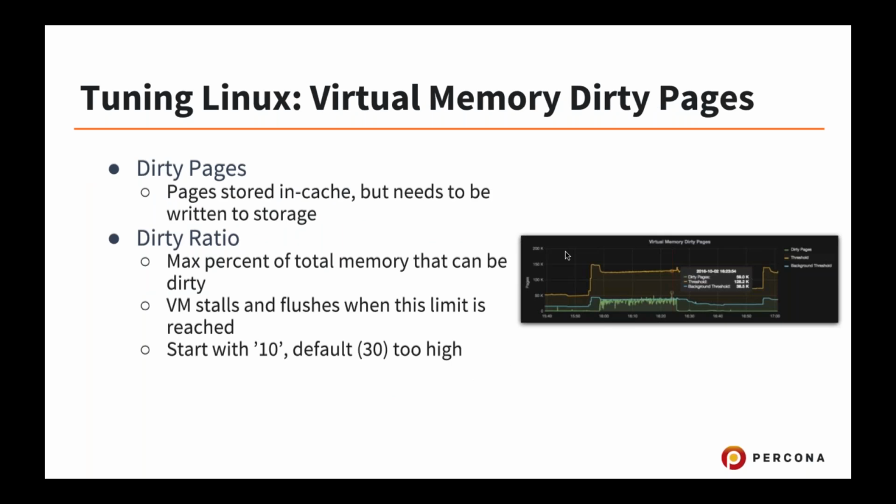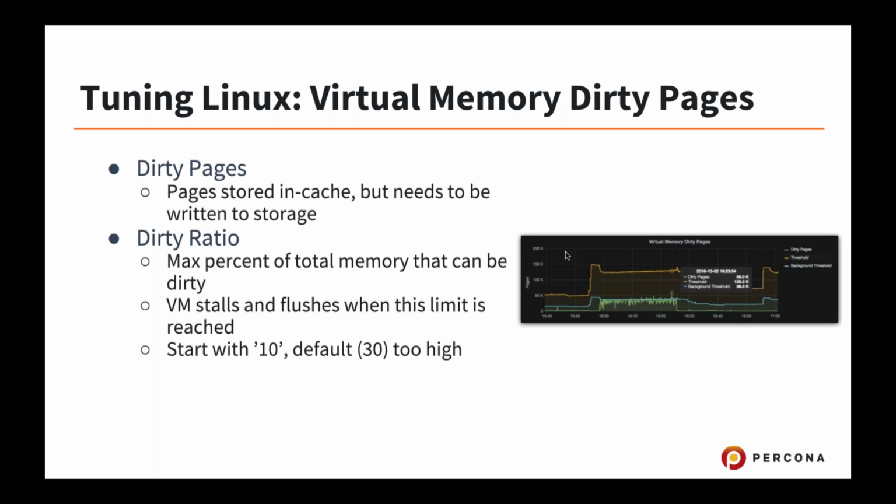Tuning Linux virtual memory is an important thing to do. Depending on your memory size, Linux will default to a setting I think is a bit too high. Dirty pages are basically pages that have been changed but still need to be written to storage, and the kernel will by default allow a lot of dirty pages into memory until the commit interval when they need to be flushed.